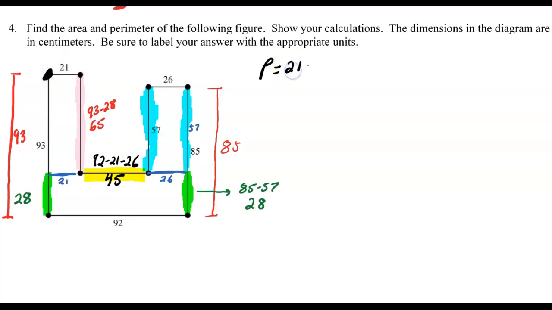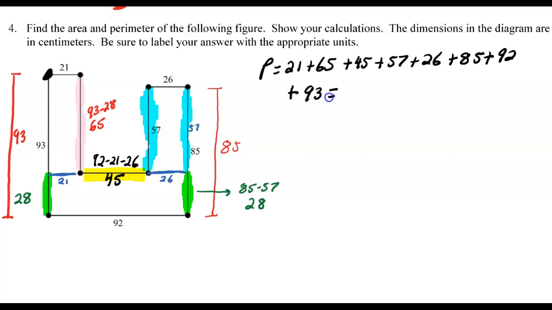It's going to be 21 plus 65 plus 45 plus 57 plus 26 plus, now I'm going to use the whole 85 plus 92 plus the 93. And now I need to get my calculator and add all those up. When I add all those up, I get 484 feet.